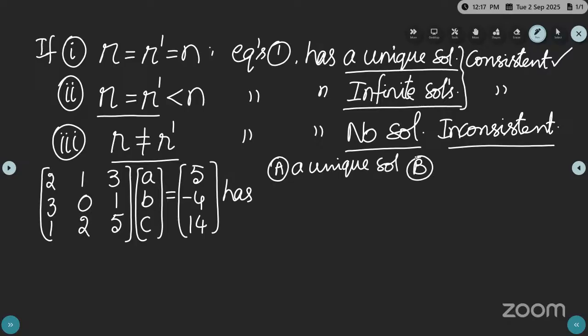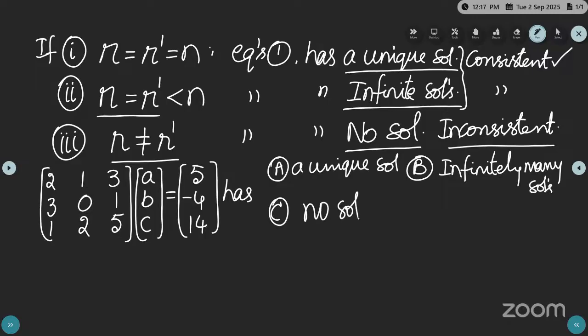Option B, infinitely many solutions. Option C, no solution. Option D, exactly two solutions.